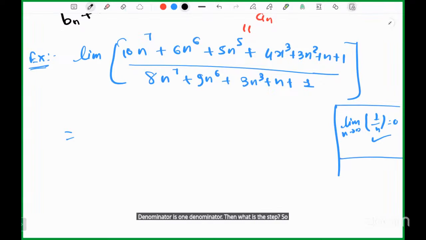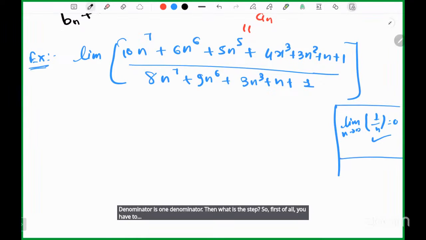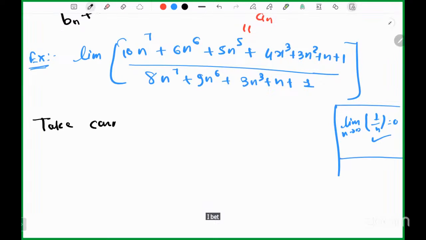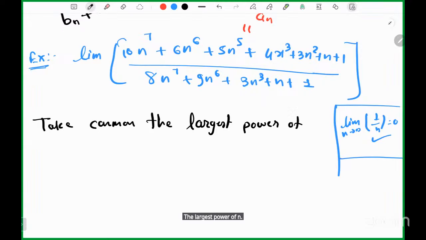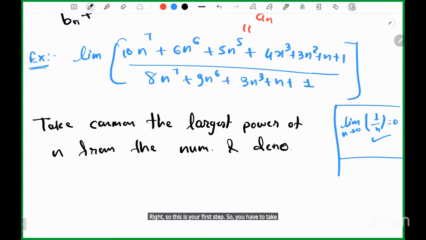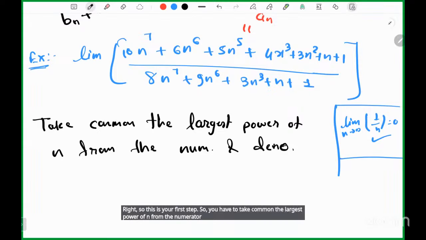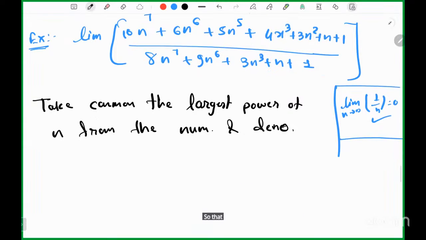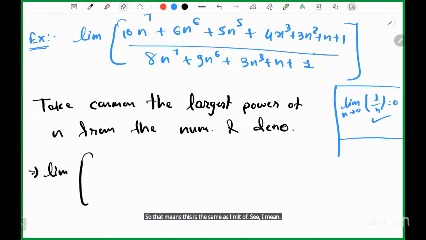First of all, you have to take common the largest power of n from the numerator as well as from the denominator. So this is your first step. That means this thing is the same as saying the limit of the sequence.